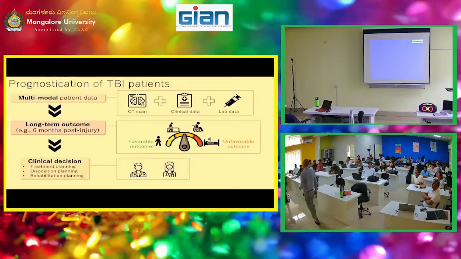The lab data includes markers like glucose levels and hemoglobin levels in your blood work that are also associated with traumatic brain injury. We need to add all this data together in order to decide at 6 months whether we're going to have a favorable or unfavorable outcome.